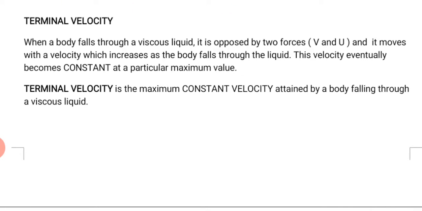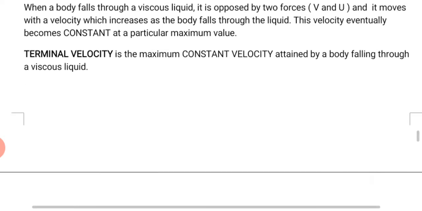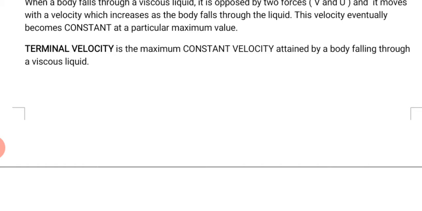When a body falls through a viscous liquid, it is opposed by two forces, V and U, the drag force and the upthrust, and it moves with a velocity which increases as the body falls through the liquid. This velocity eventually becomes constant at a particular maximum value. Terminal velocity is the maximum constant velocity attained by a body falling through a viscous liquid.